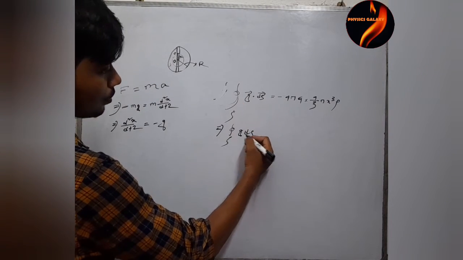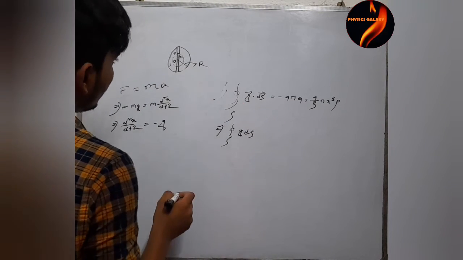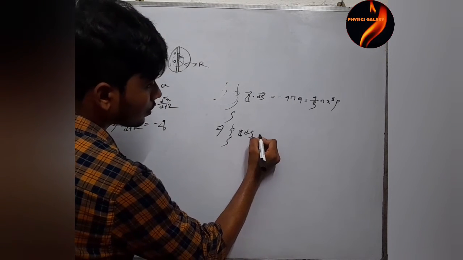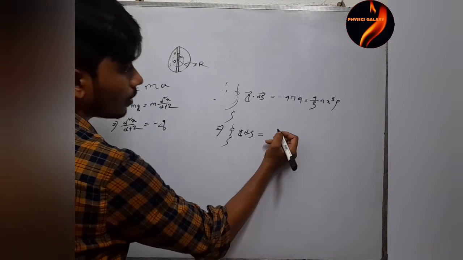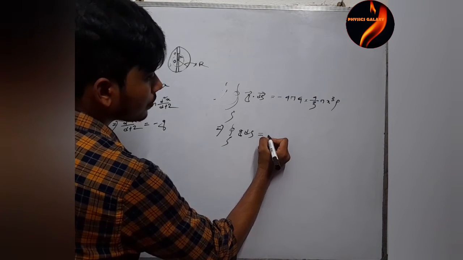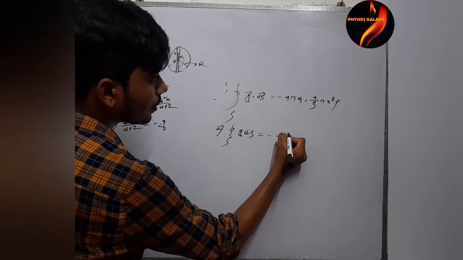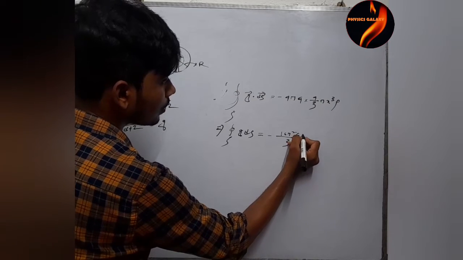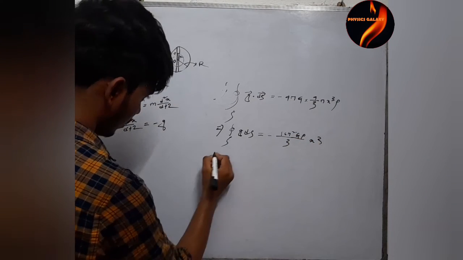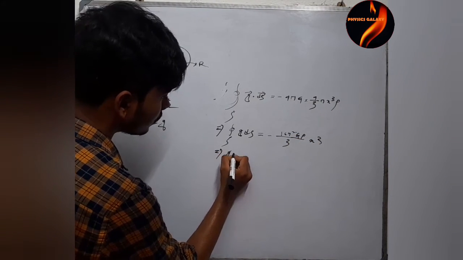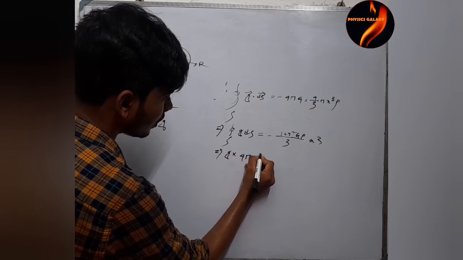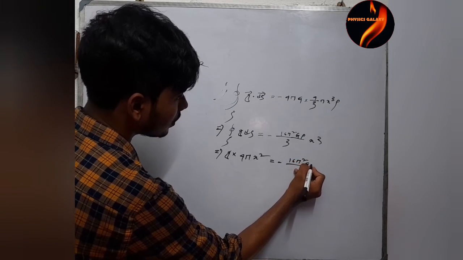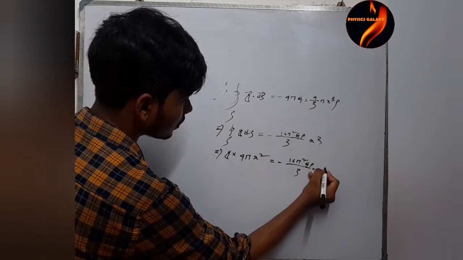Here g dot ds should be g into ds because g and ds are in the same direction. So g dot ds should be equal to minus 16 pi square G by 3 rho x cube, and it should be g into 4 pi x square equals minus 16 pi square G rho by 3 into x cube.